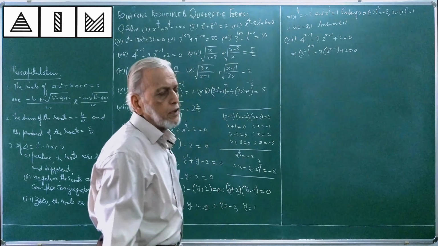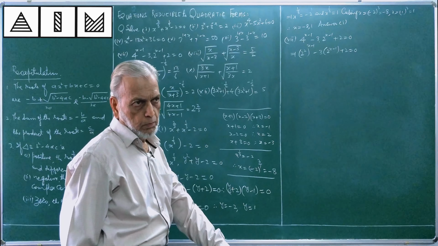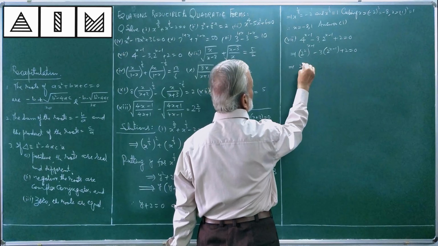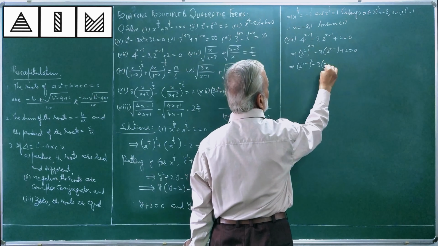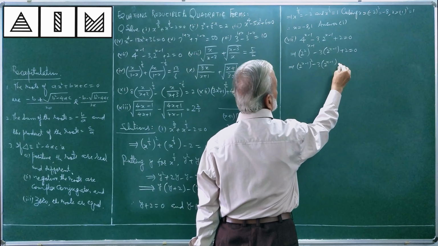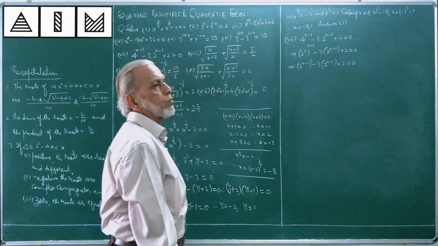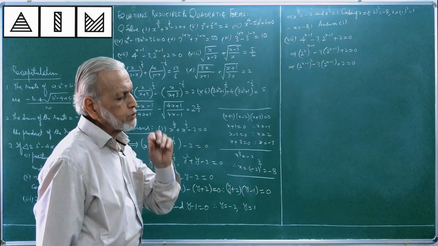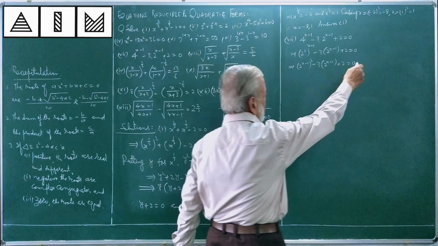I did nothing except writing 2 square for 4. Again students ask me how that x minus 1 comes in and 2 goes out. You need not ask, I am explaining myself.